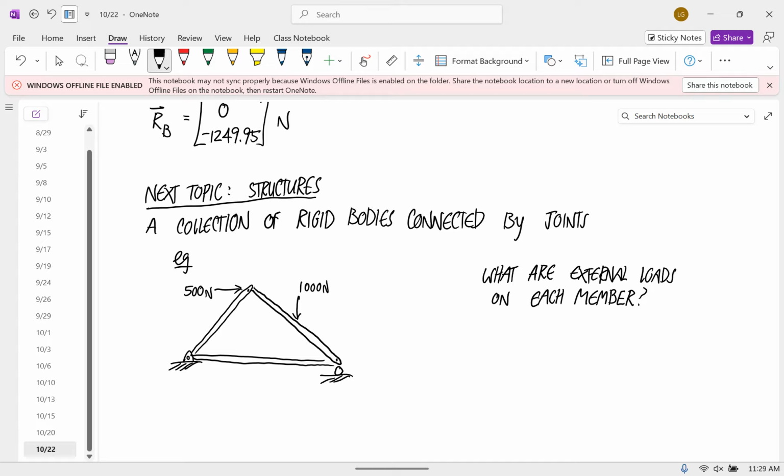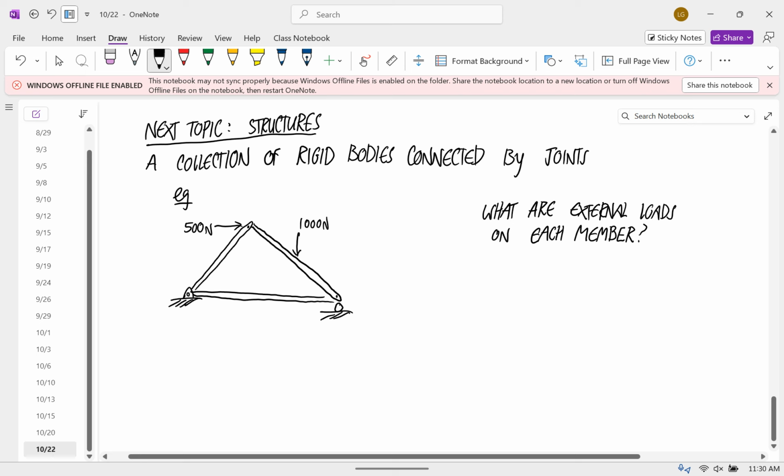You can imagine this is important for lots of construction applications, also for engines, treating the human body as a connection of things, so you can find muscle forces and joint forces. There's a ton of applications for this.